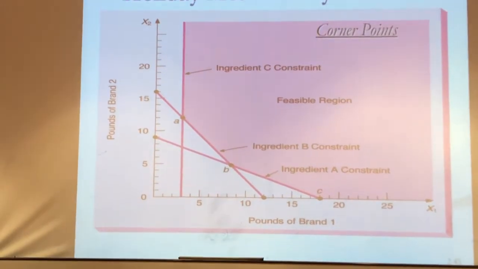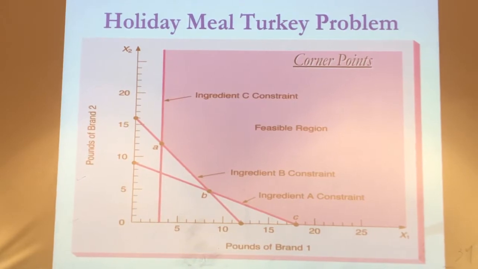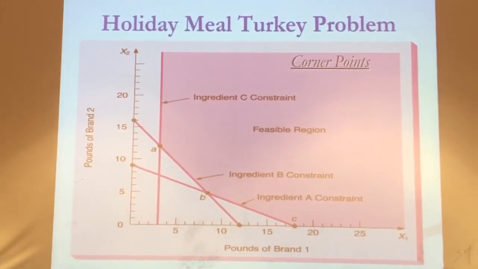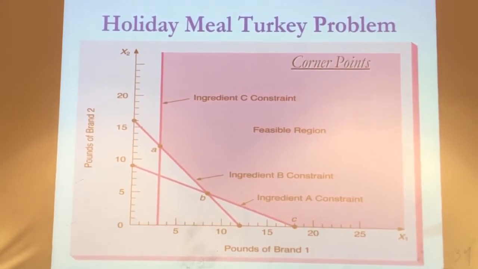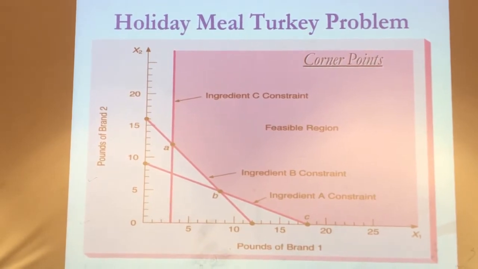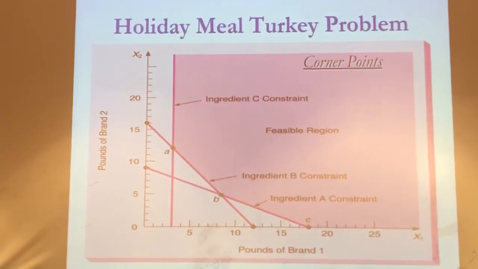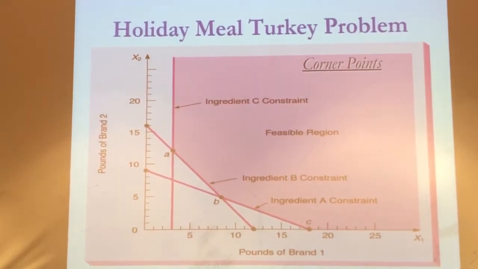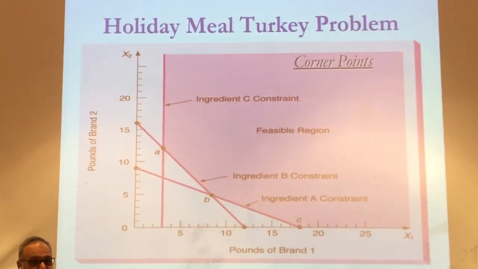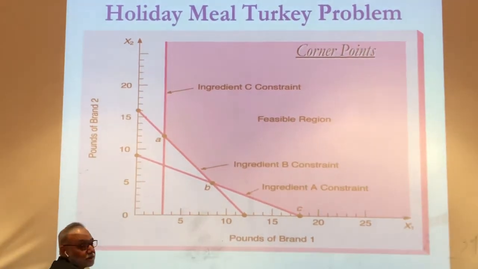So this is the ingredient C constraint here drawn, and these are the two constraints. We have 3 corner points. Sometimes, let me tell you, some students don't draw the graph properly, and instead of having this point A in the feasible region, they might come up with this point in the feasible region.